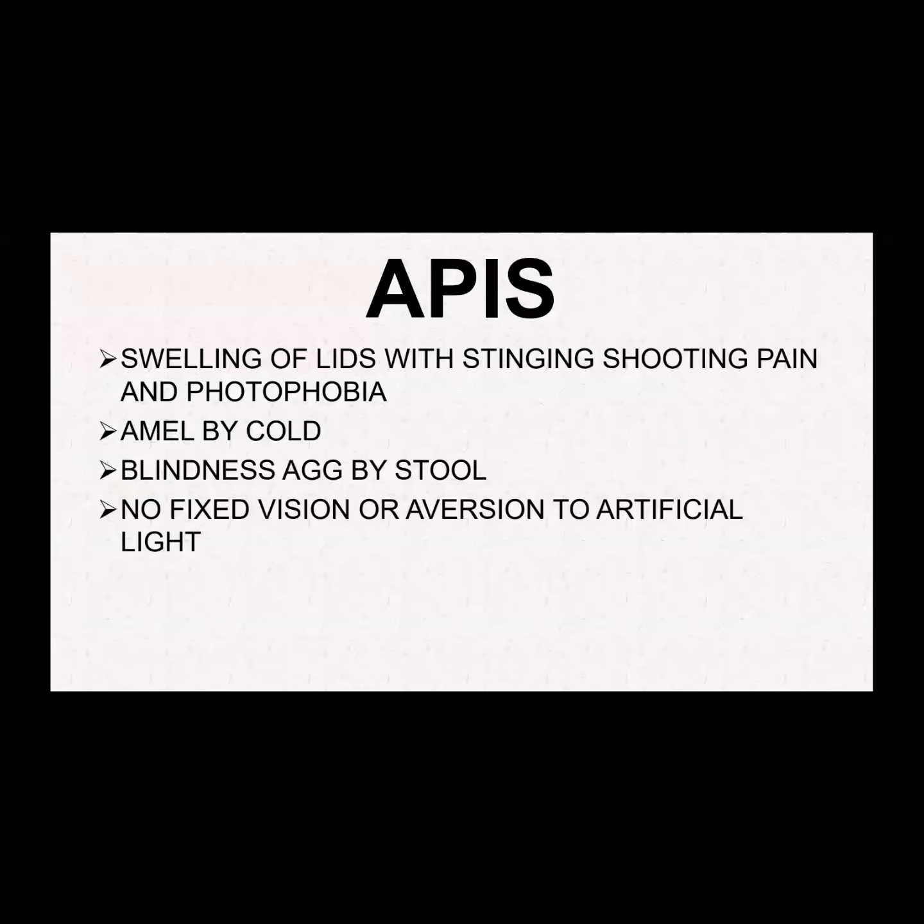The most important symptom seen in some patients is that their acute blindness becomes aggravated by the stool. The second most important symptom seen in Apis is that their vision is not fixed and they have an aversion to home lights, artificial lights. They do well in the rays of the sun at noon, but they have some problem with artificial lights. So basically there is swelling of the lids due to which the patient is unable to open their eyes.